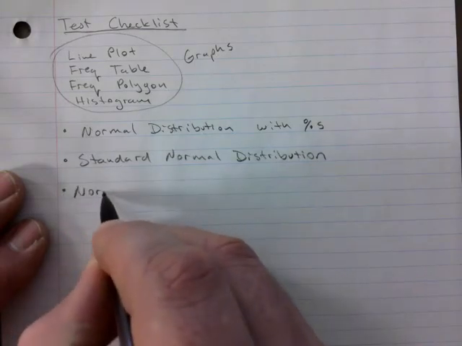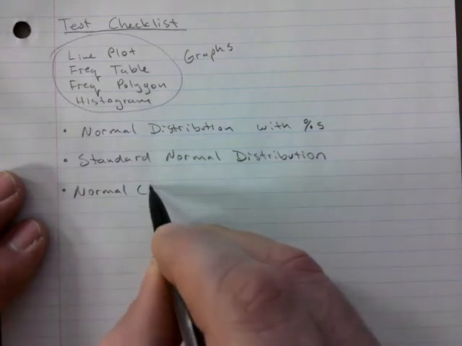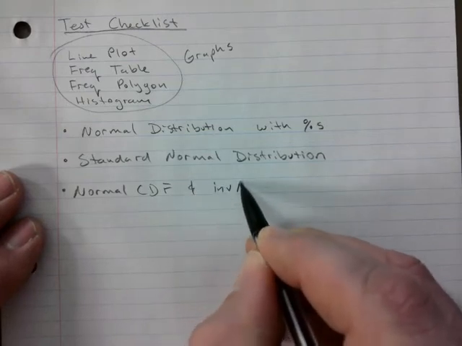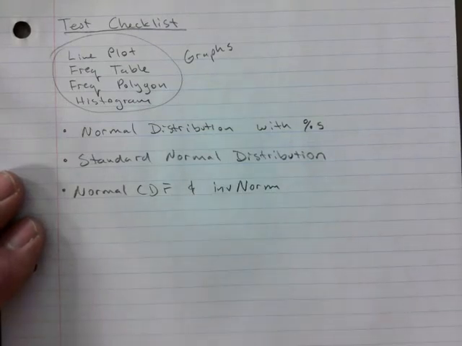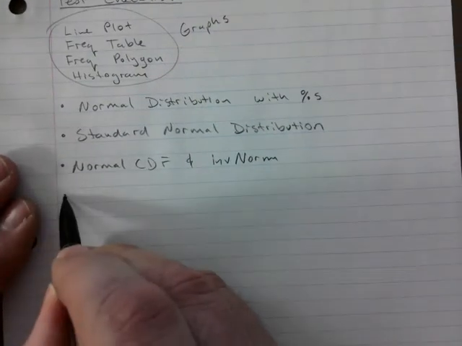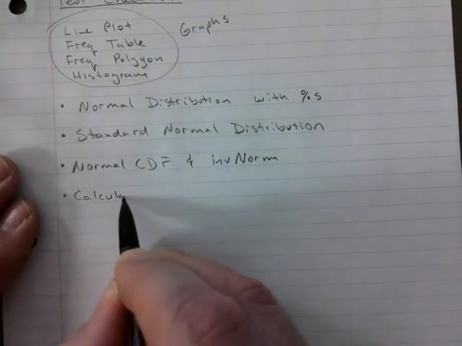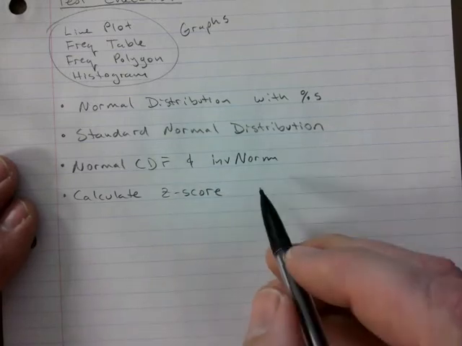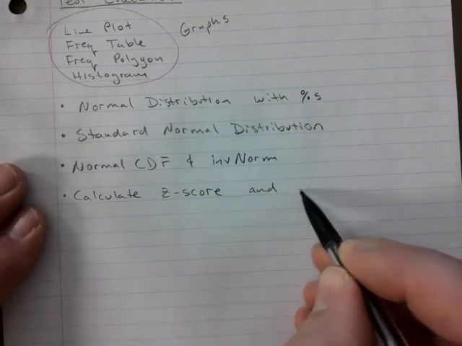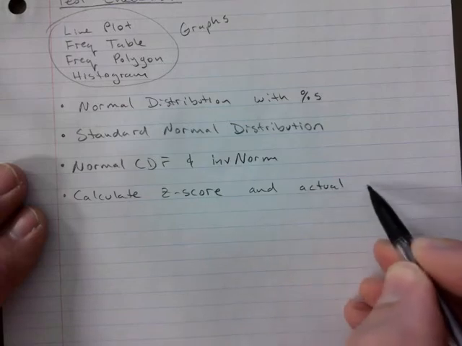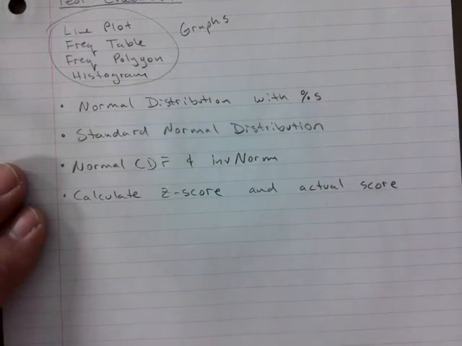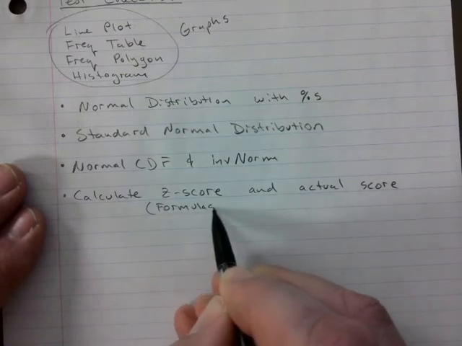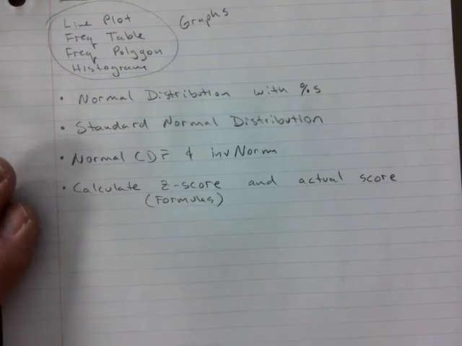You've got to be able to use normal CDF and inverse norm. Calculate z-score and actual score. There are those formulas, right? You need formulas for those two.